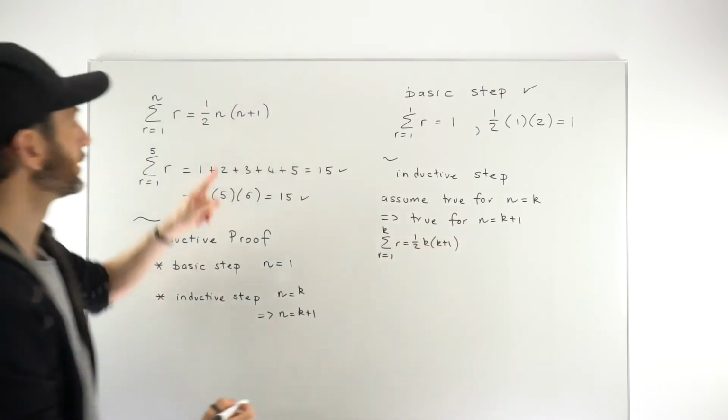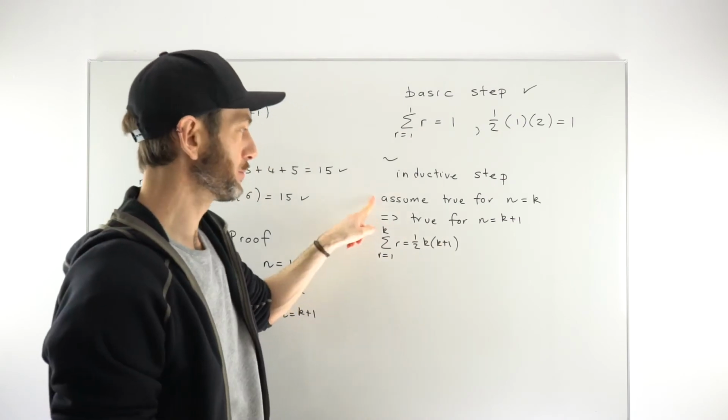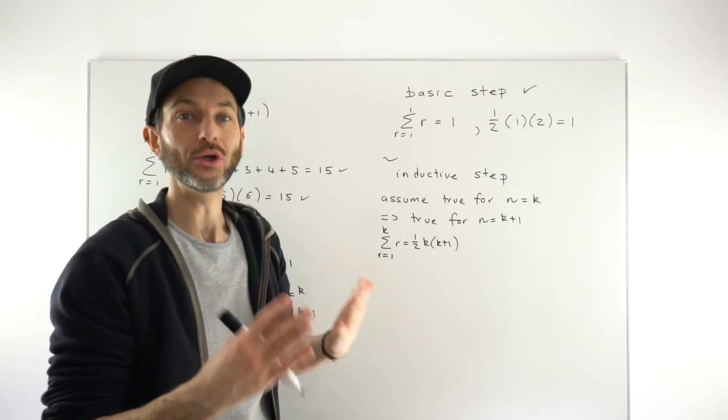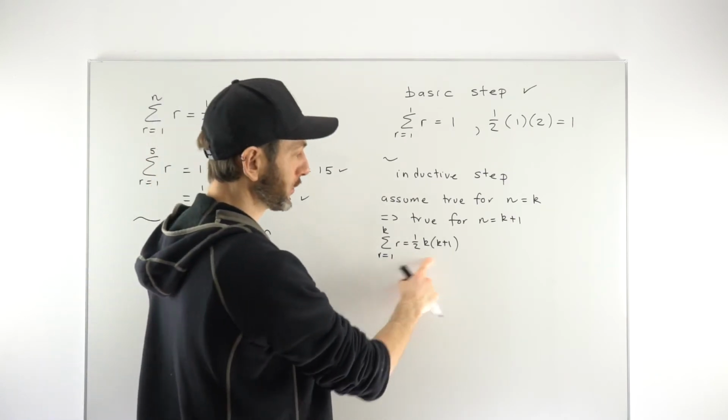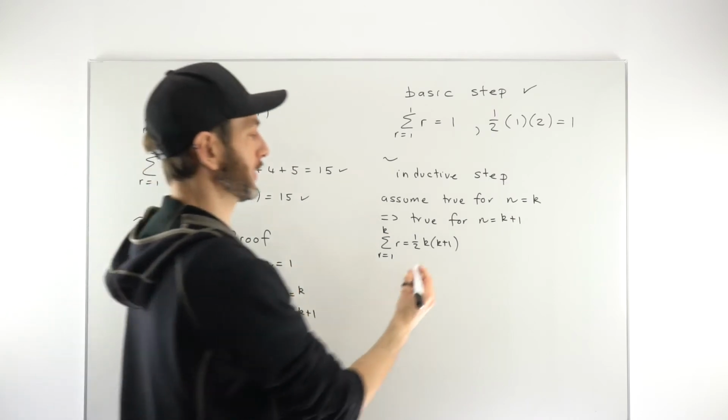So I've really just mirrored this result down here and replaced the n with a k. That's what we're assuming to be true, but more importantly, we have to use that result in showing that the n equals k plus 1 case is also true.